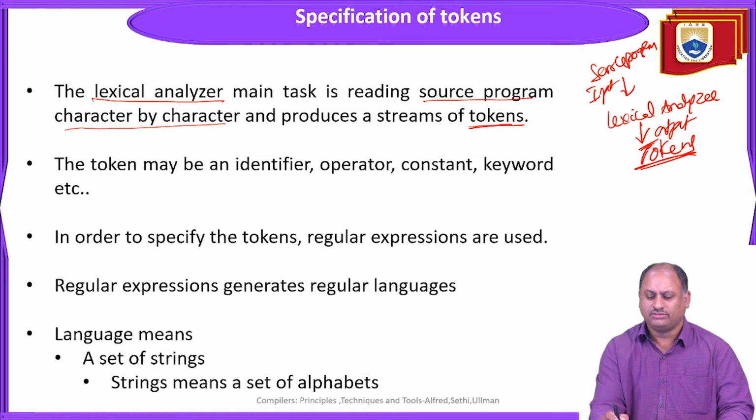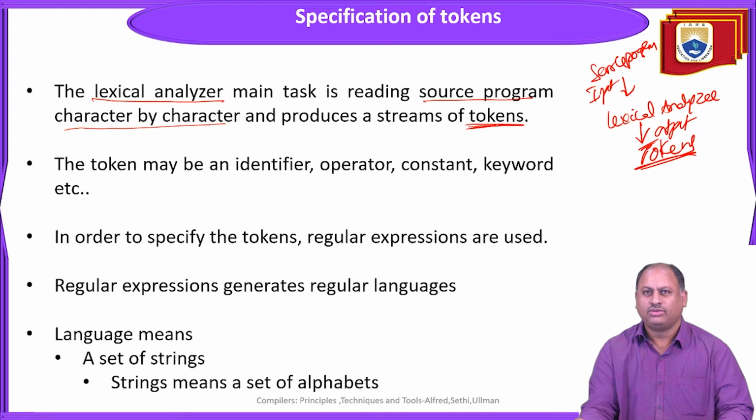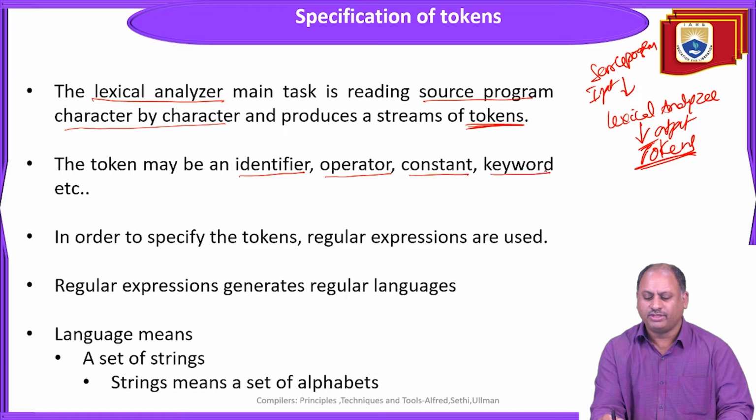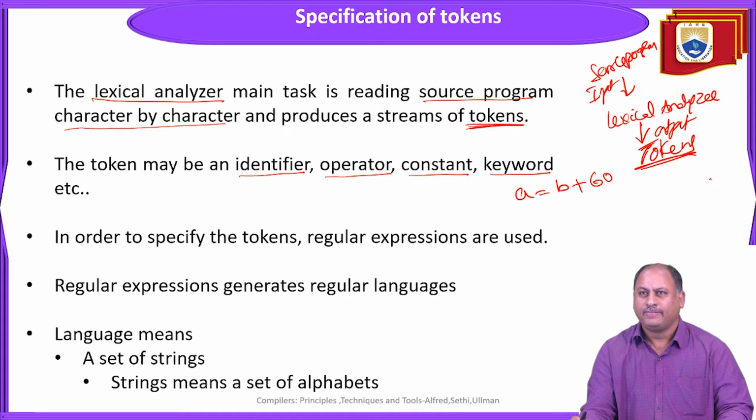After generating tokens, some of the tokens may be identifiers, some may be operators, some constants, and some keywords. For example, take A = B + 60.